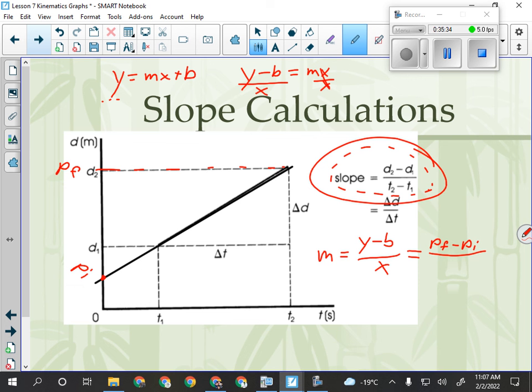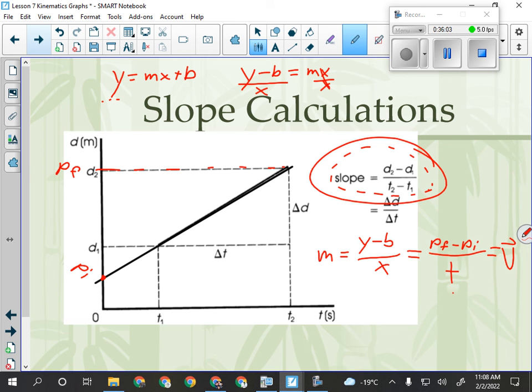And what's on the x-axis? Time. What does that calculate? Yes, but in this case, final position minus initial position is displacement. What is displacement divided by time? Velocity.